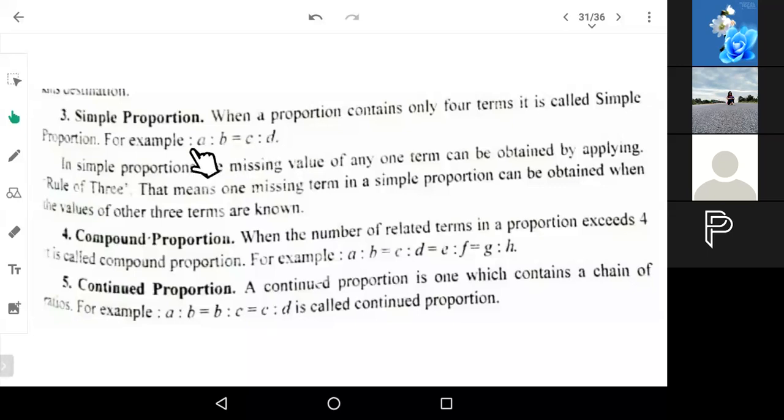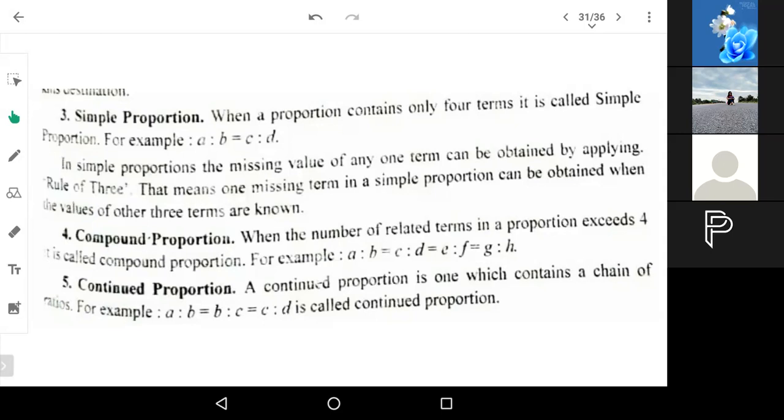Any of the three numbers will be given to us, and they will ask us to find the fourth or the other missing value. So we will be using the product of extremes is equal to product of means rule, and we will find it out. Okay, so that is simple proportion, when only four terms are there and we are able to solve it.